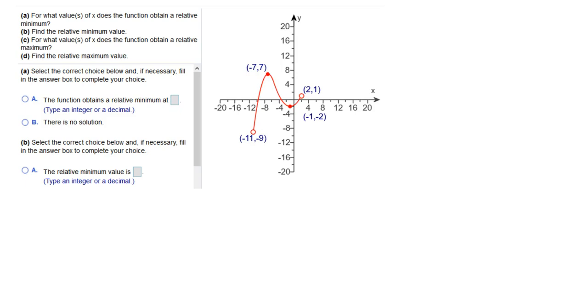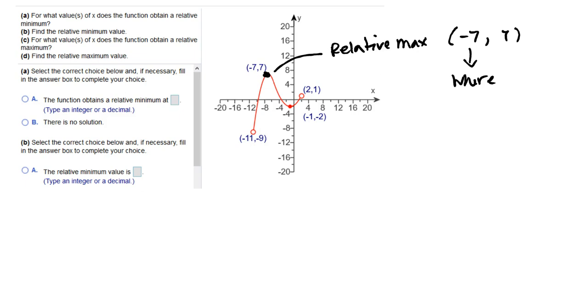And this peak that we have right here will be the location of my relative maximum. And that ordered pair has an x value and a y value. The x part is the where part, which is what's being asked in this part right here.